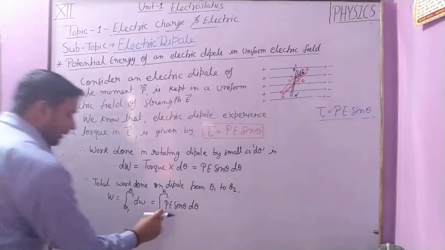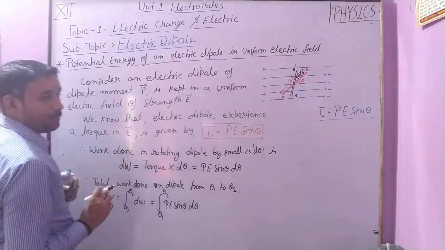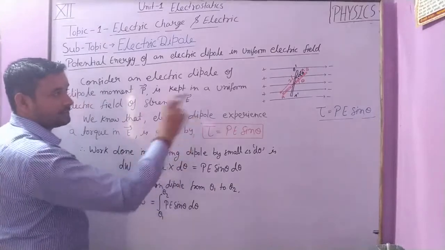Now P is the dipole moment of the electric dipole and E is the electric field.